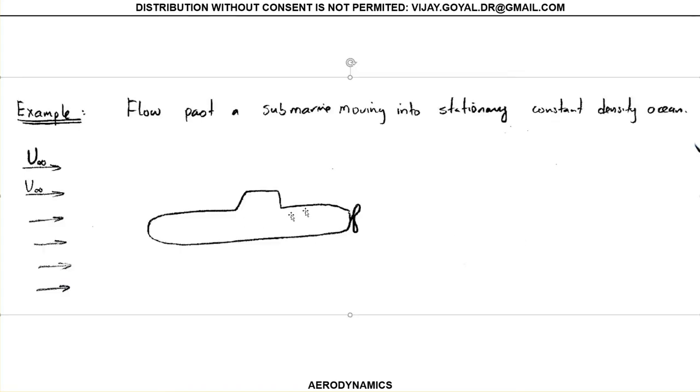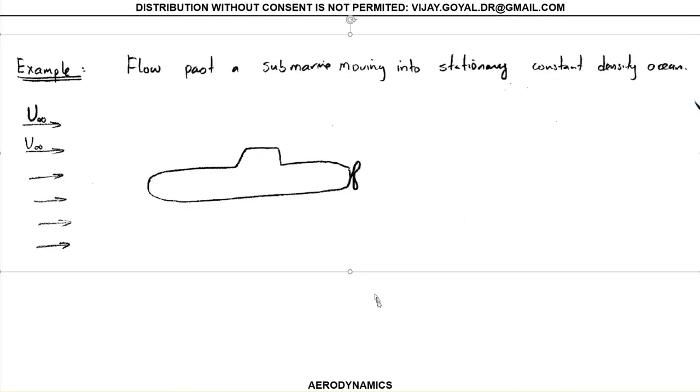And some of the applications are very interesting. As an example, consider the case of a submarine. If I have a flow that's passing the submarine, and I assume that the density of my ocean at a specific point will be constant, then I can show that my vorticity will be 0 everywhere.